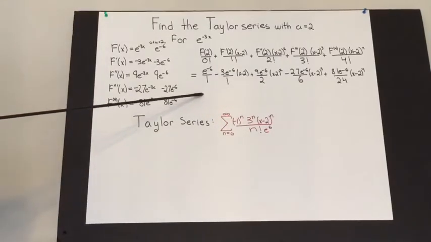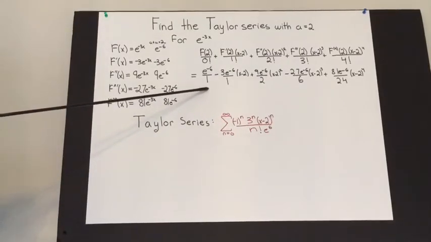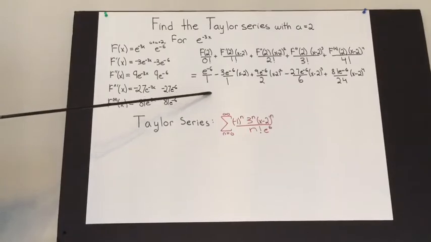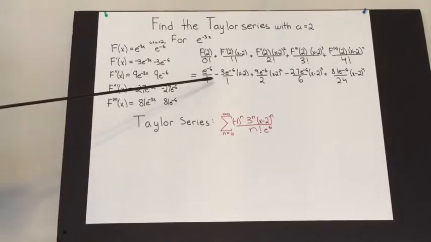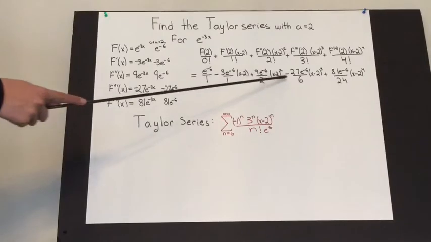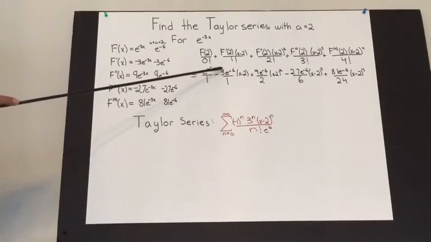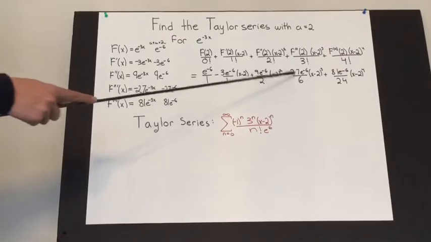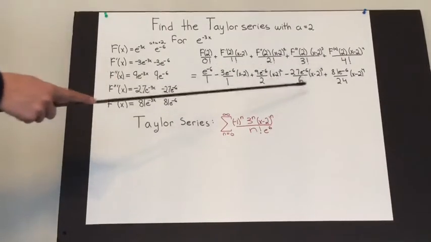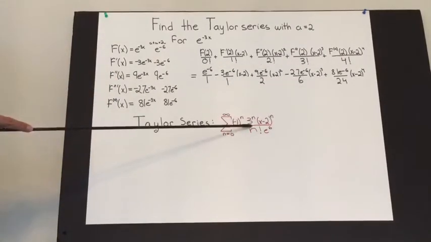Here we must observe all the patterns in order to create the power series, or Taylor series in this case. The first thing we will observe is that it alternates from positive to negative, thus -1 to the n. Next we observe that it goes from 3 to 9 to 27 to 81, so it's 3 to the nth power.